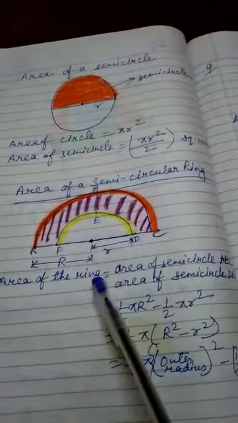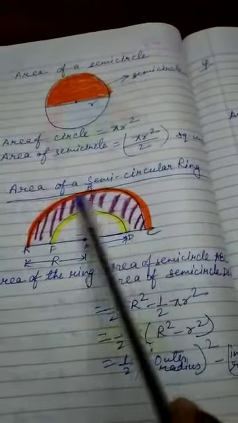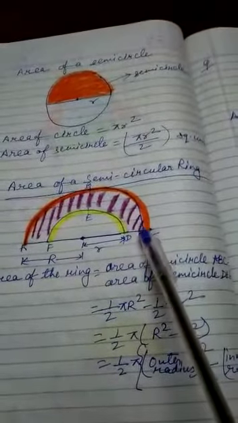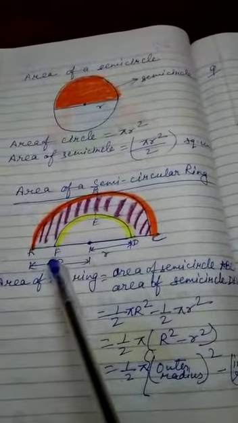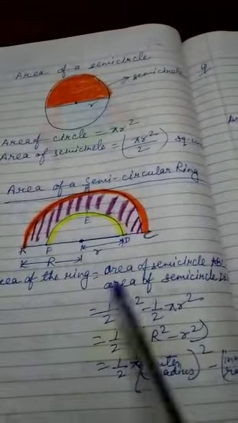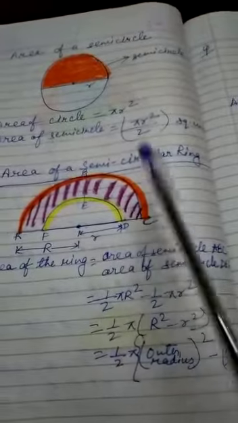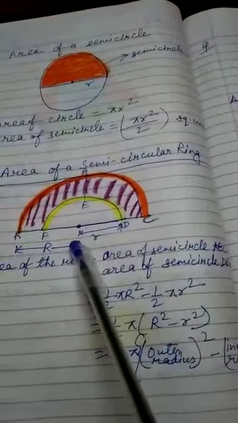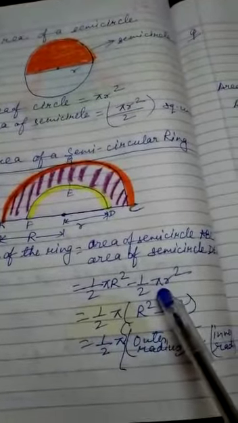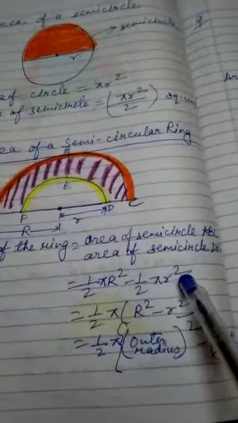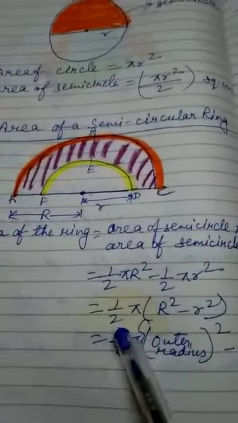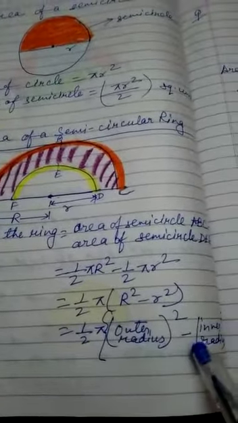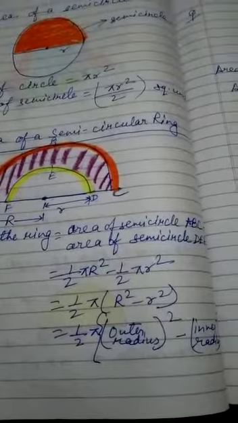So the area of the ring, this shaded part, is the area of the semicircle of the bigger one ABC, minus the area of DEF, the smaller one. As we had done, area of semicircle is pi r square by 2, so for the bigger radius, capital R, it is half pi R square, minus half pi small r square. That is equal to half pi into R square minus r square, that is outer radius square minus inner radius square.